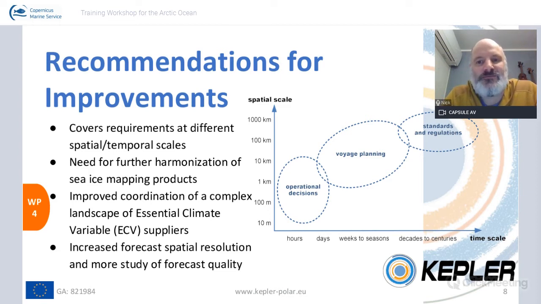And those need to be better coordinated and streamlined. And then feeding from those, going into the forecast modeling, there's a desire for higher spatial resolution and more study into the effect of data assimilation on the overall forecast quality. So whether the forecasts are actually reliable or not, and for how long a period out in advance.